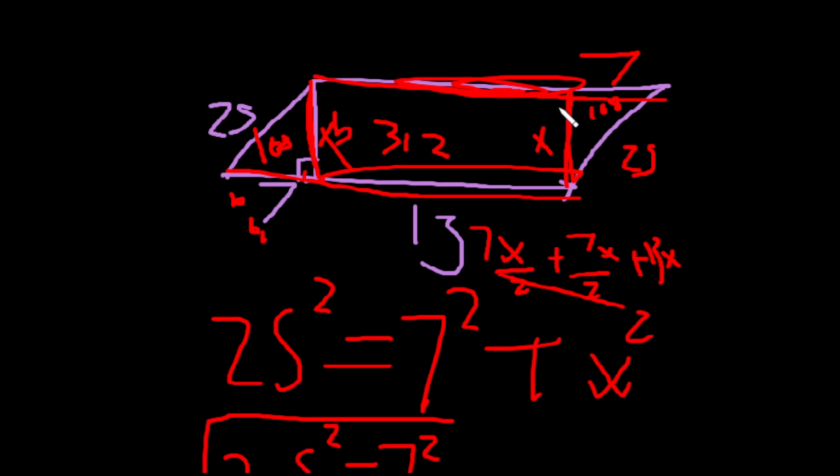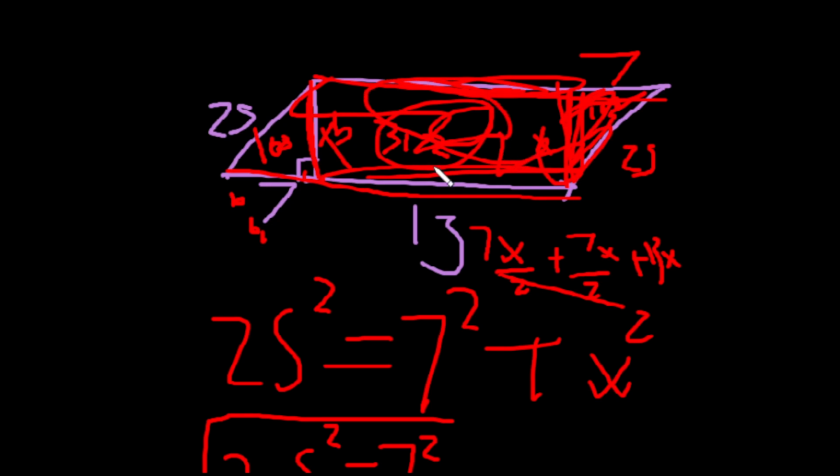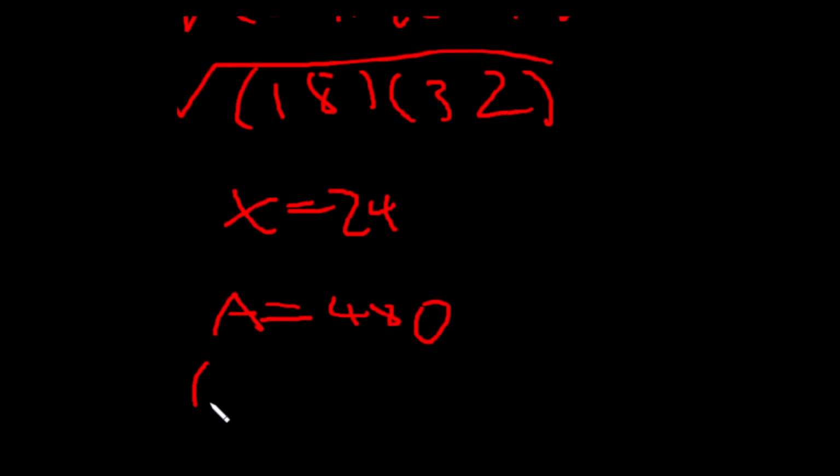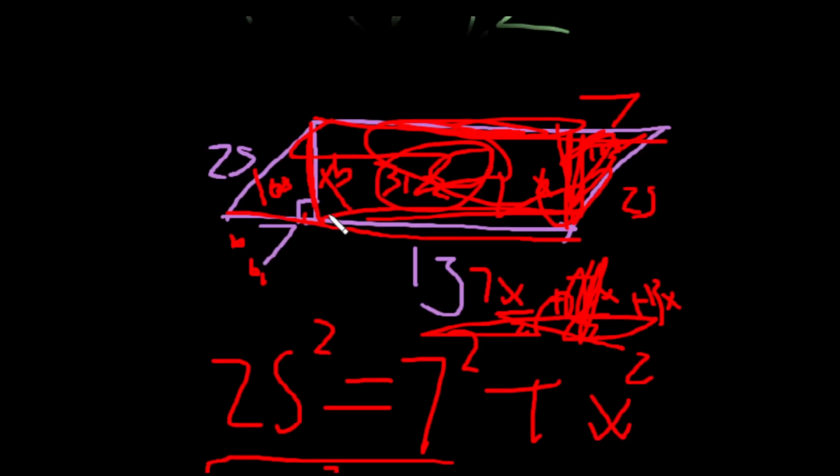I was never doing 13 times 24, that was actually getting the whole area of this part. And then you add it to 168, and so on. Just know that the area of a parallelogram equals base times height, where the base is this whole side times this side. Okay.